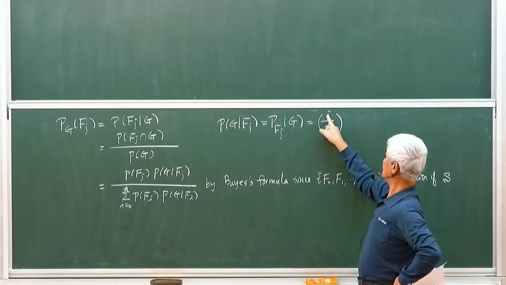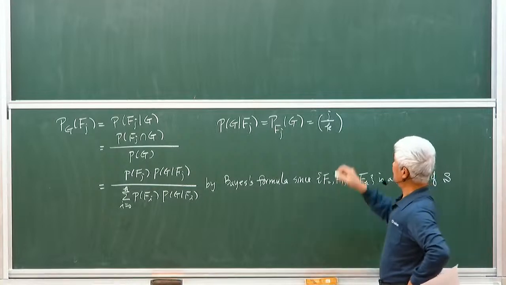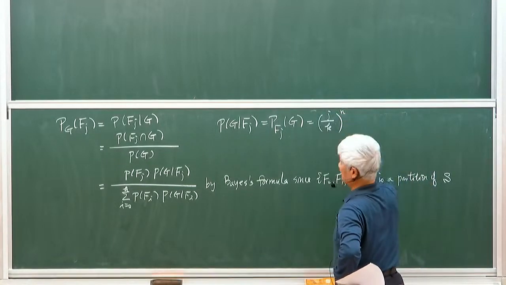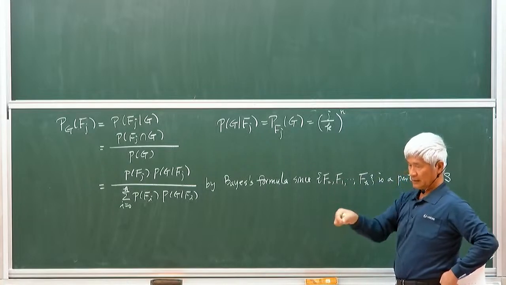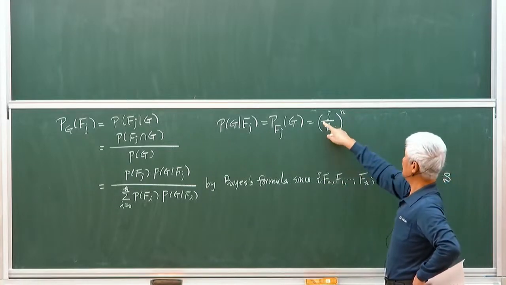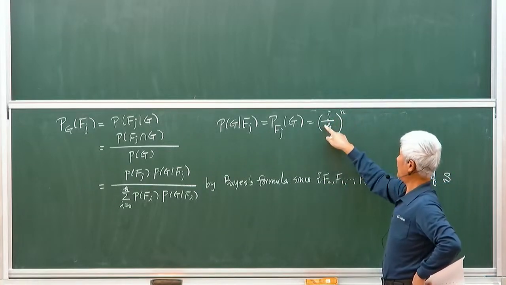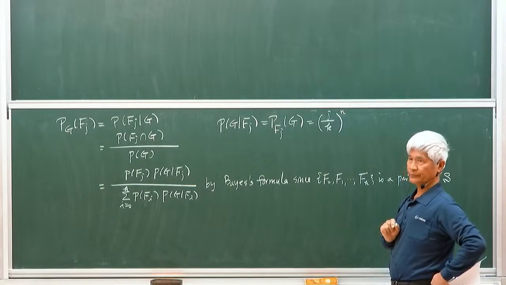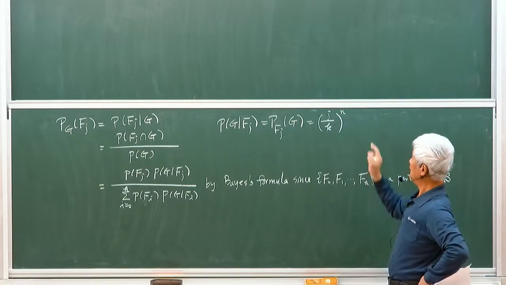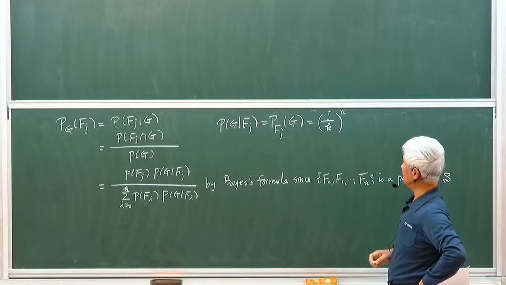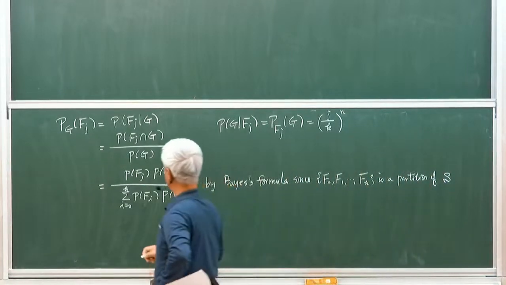Because they are independent trials, if you get heads n times, then the probability will be the nth power of this ratio. That is an easy thing to have.